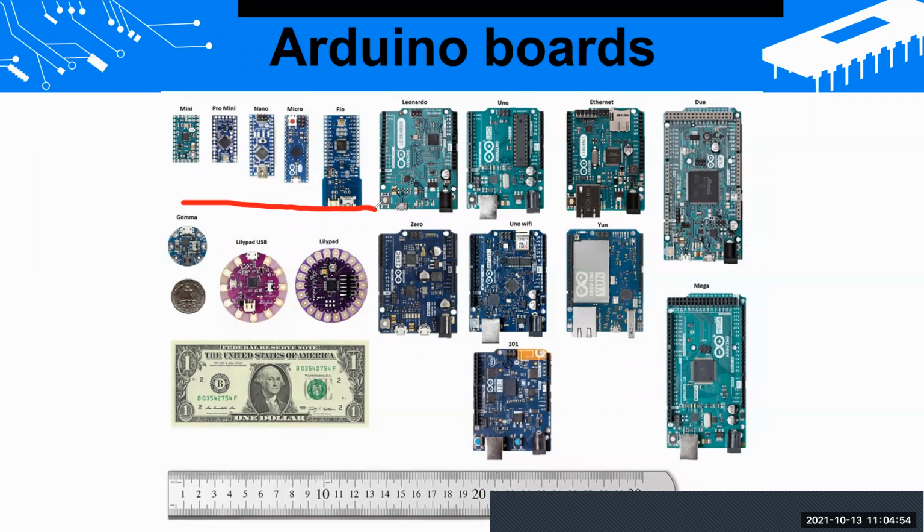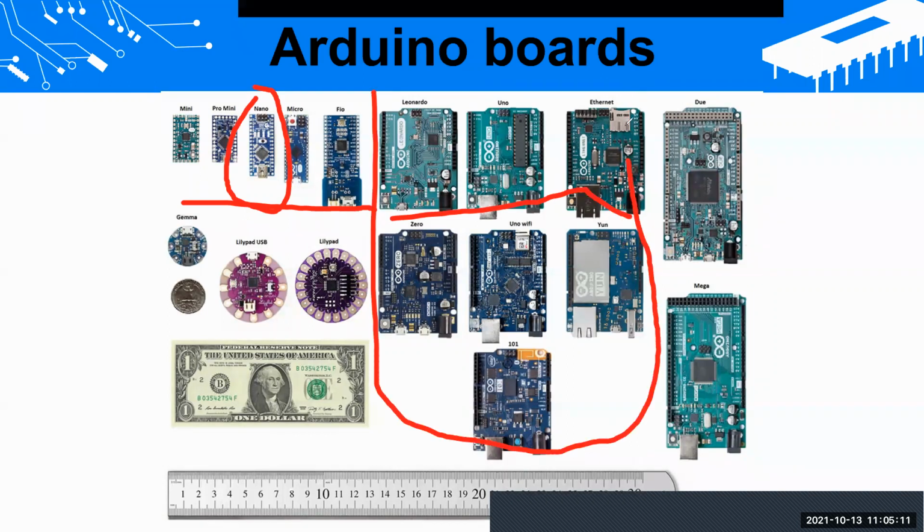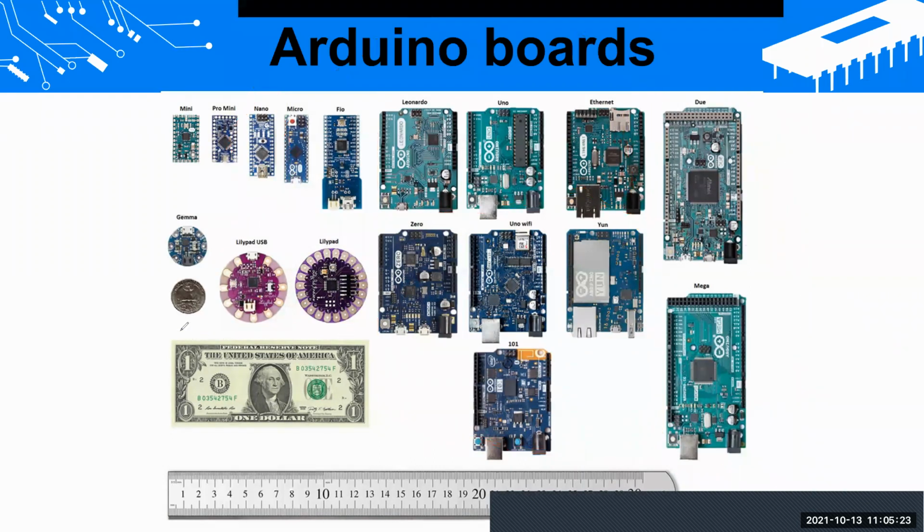If you have space constraints, you can go for these small boards. Nano is the favorite one. If you go for a mid-range one, you can use anything in this area. If you go for something very large scale, you can go for this area. You can compare the sizes using the coin and dollar bills.